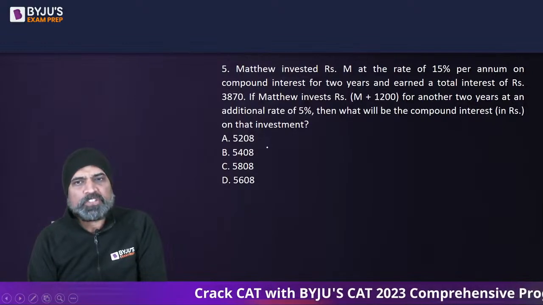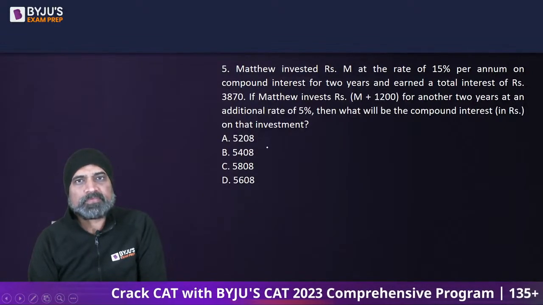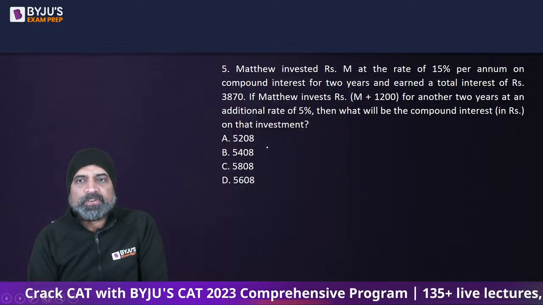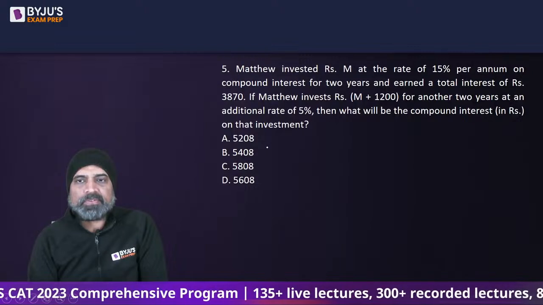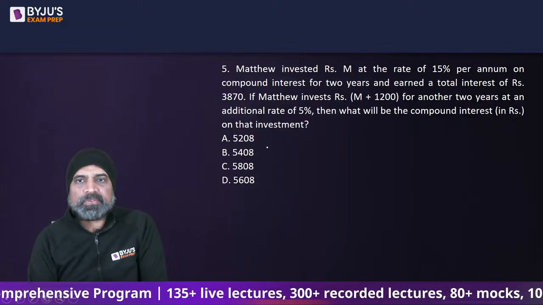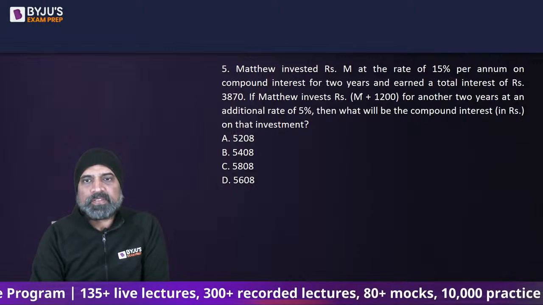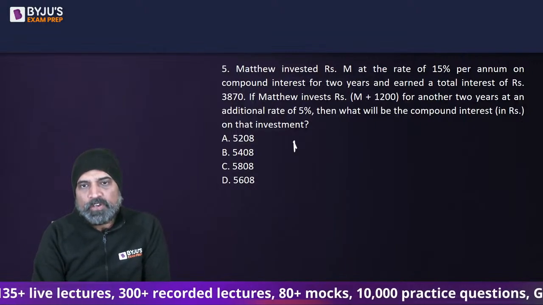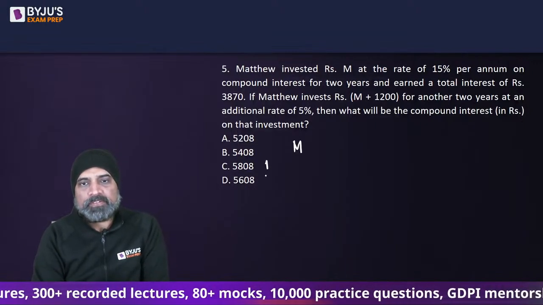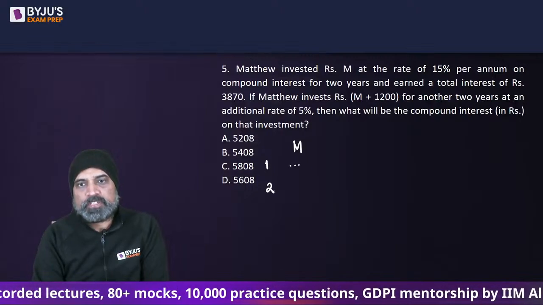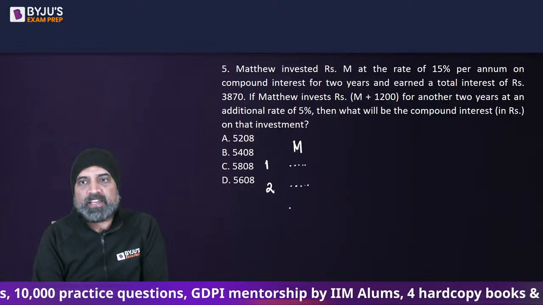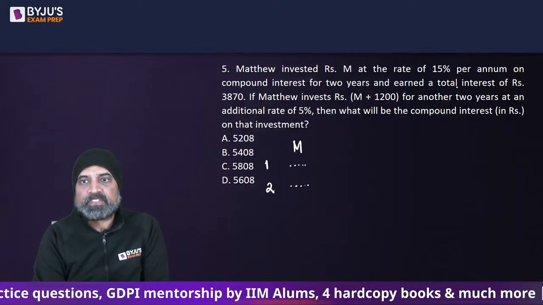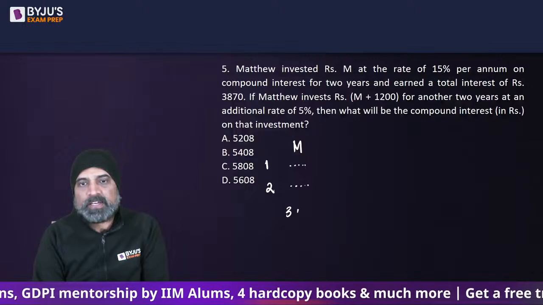So let's forget about the first 2 years. If we look at M, first year there was a certain percentage, second year there was a certain percentage, overall the total interest being 3,870.